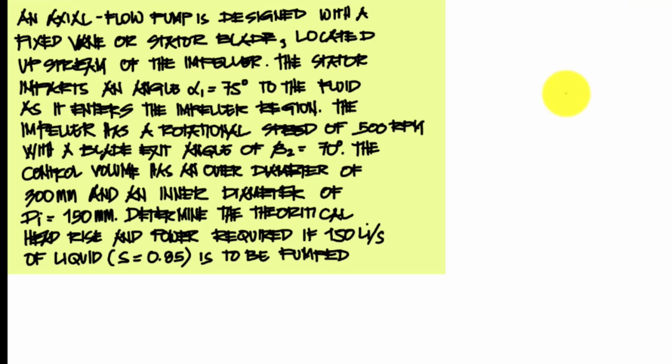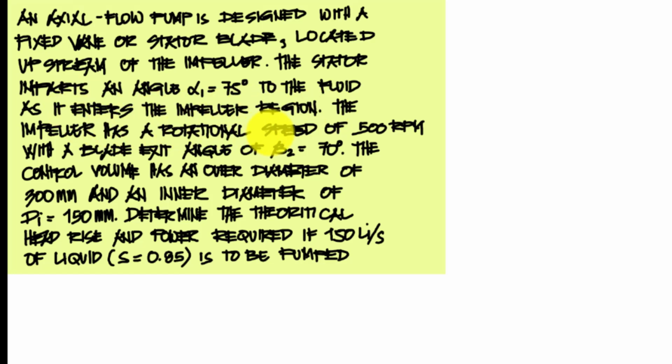Okay, so let's have a sample problem, no? An axial flow pump is designed with a fixed vane or stator blade located at the upstream of the impeller. The stator imparts an angle of 75 degrees, that will be your alpha 1, to the fluid as it enters the impeller region.